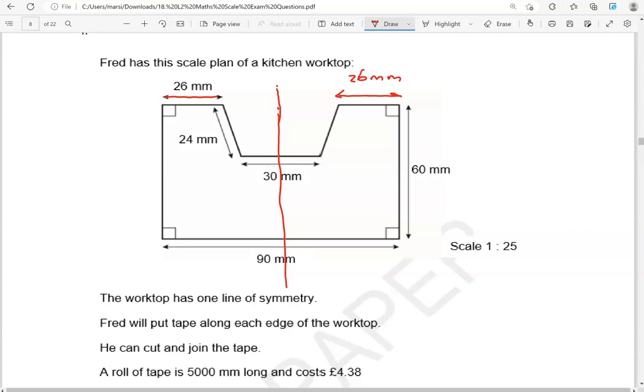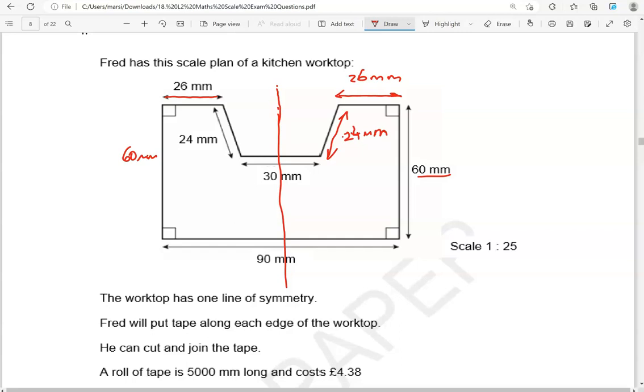This is 60 millimeters, so this is 60 millimeters as well. And this is 24 millimeters. So he will put tape along each edge of the worktop.